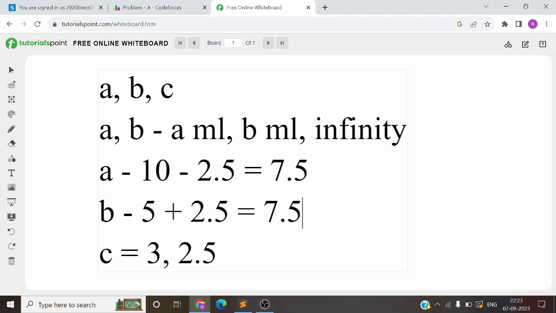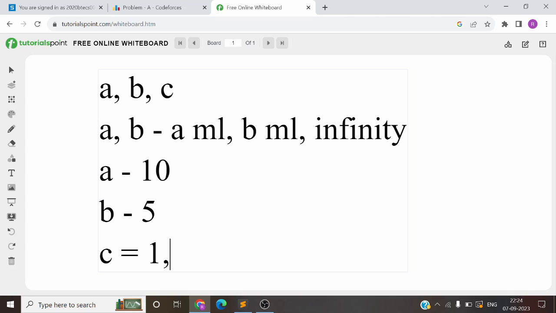Basically, you first put some amount of water in C and then pour that amount back into B so that its value increases. So you remove from A and put into B, but at a time you cannot move more than C. Suppose C is 1, and initially A is 10 and B is 5.